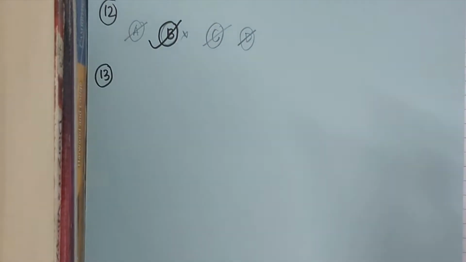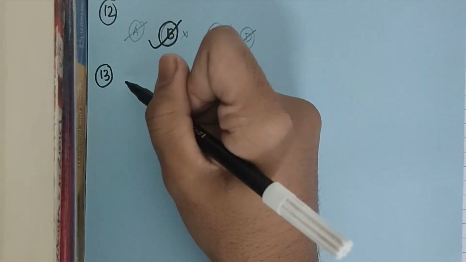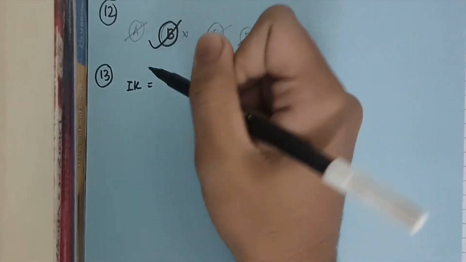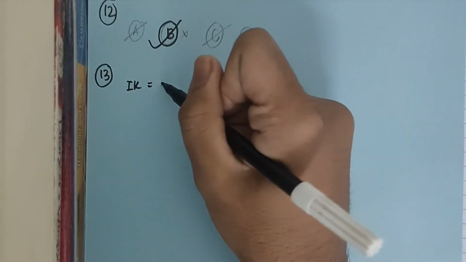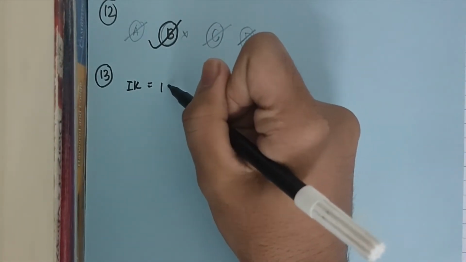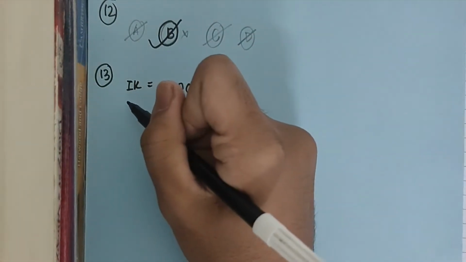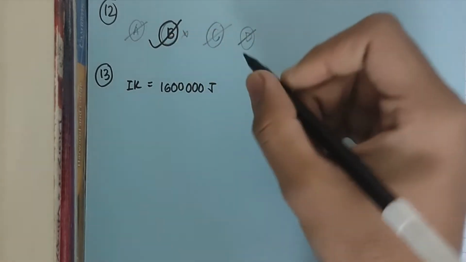A car traveling on a straight horizontal road has 1.6 million joules of kinetic energy. Okay, so the initial kinetic energy, I'll just call it IK, is equal to 1.6 million joules. Now it accelerates for 20 seconds.